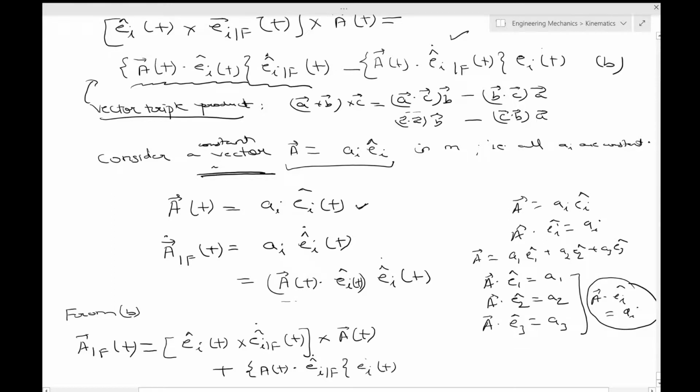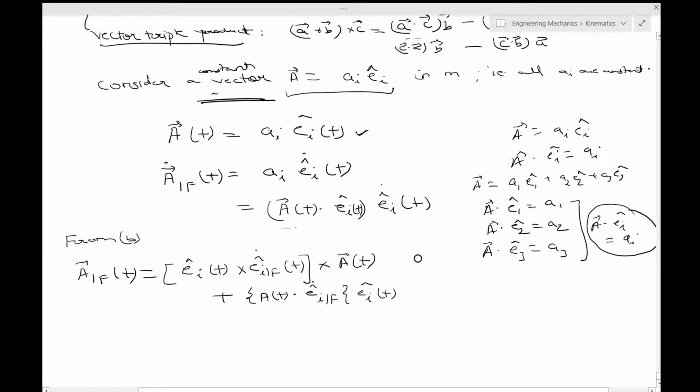e_i. Okay, that's easy. Now let's see e_i of t cross e_i plus e_i dot.